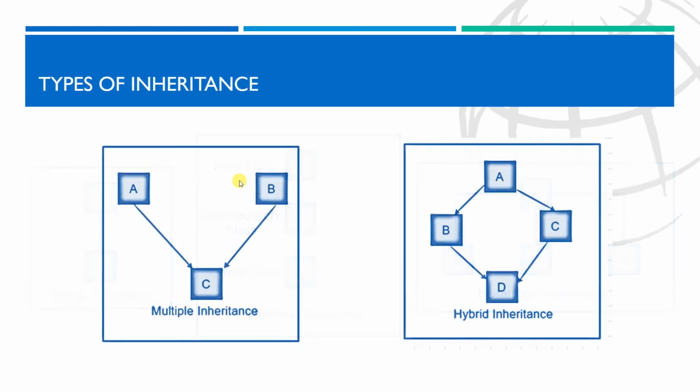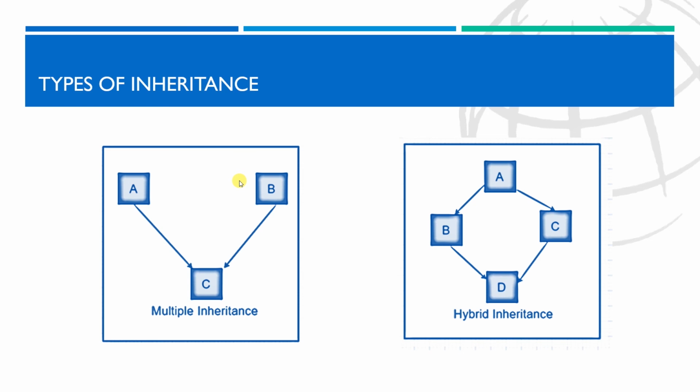And we have other kinds of inheritance that are not supported in Java. The multiple inheritance: in multiple inheritance, one class can have more than one superclass and inherit features from all parent classes.